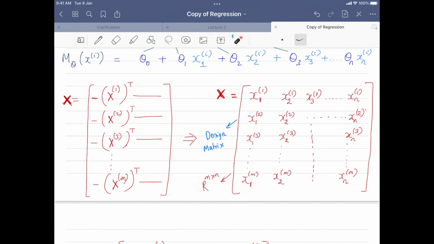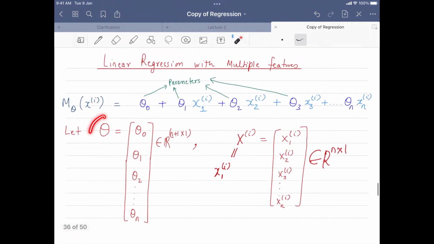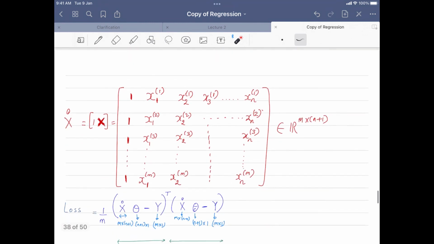And now you recall, in order to multiply this theta with this x, I was telling that this is n and this is n plus 1. So what we try to do is include plus 1 here, so that we can have a matrix multiplication of x and theta. To do that, we are using x dot.